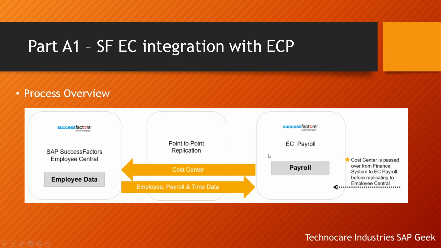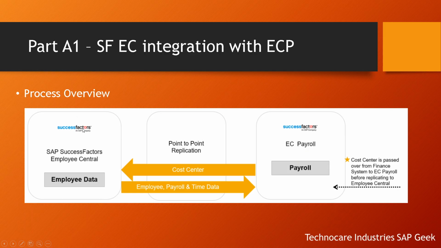They establish a custom replication link to bring those bank keys into SuccessFactors Employee Central so that they can be assigned to employees and then flow back to the ECP system for payroll processing. Alternatively, if there is not much difference or there is no deletion of bank keys, they can directly be created in EC and ECP systems as well.